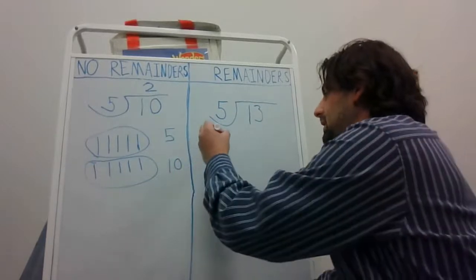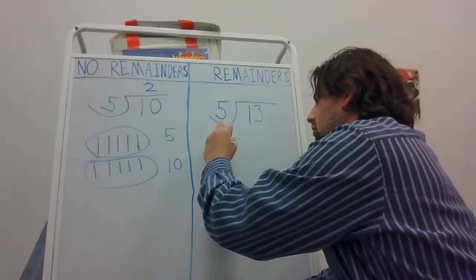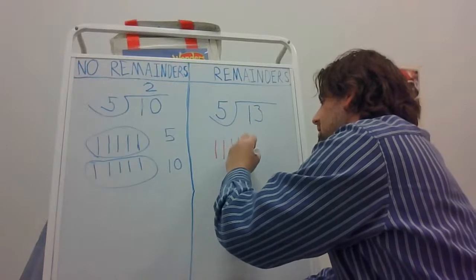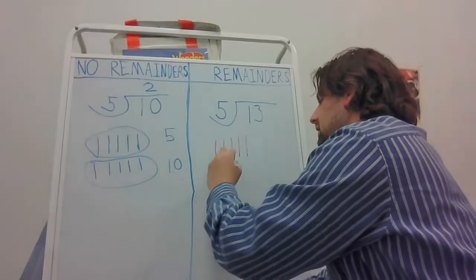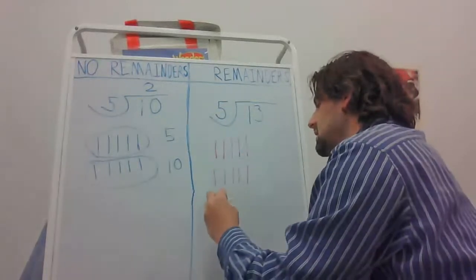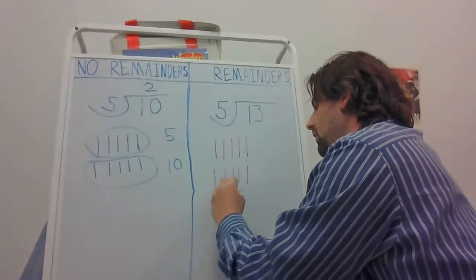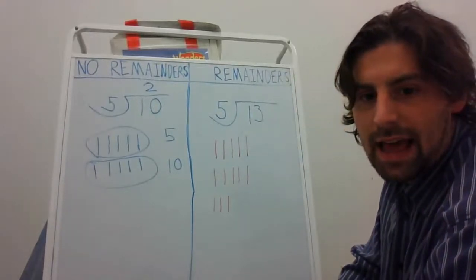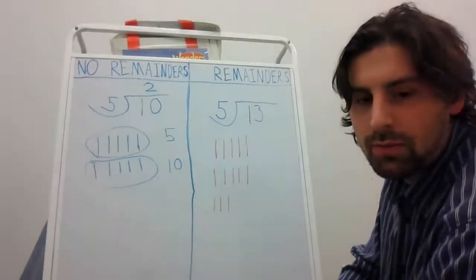So I'm going to make 13 tallies. 1, 2, 3, 4, 5, 6, 7, 8, 9, 10, 11, 12, 13.